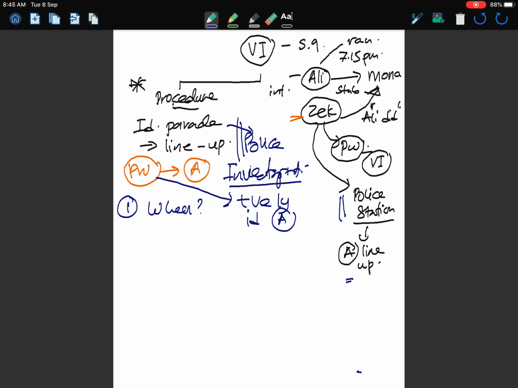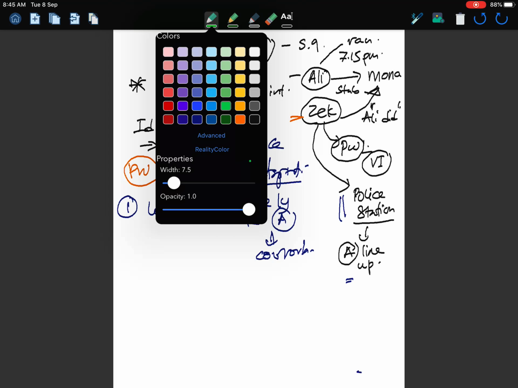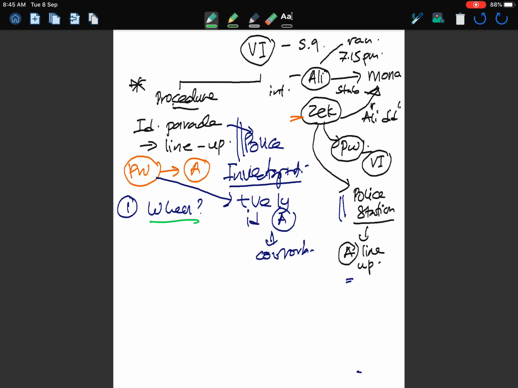You will find that the outcome of the identification parade, so if, for example, PW here positively identifies the accused person as the person who was at the scene of the crime, this evidence is going to be corroborative evidence of identification at a later stage. So now, your first issue will be, when do you need to conduct an identification parade?